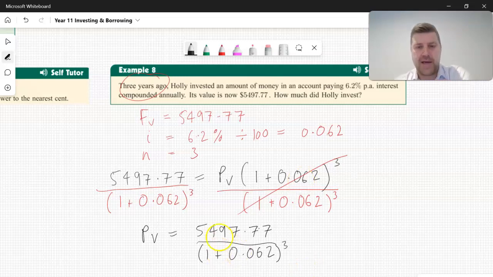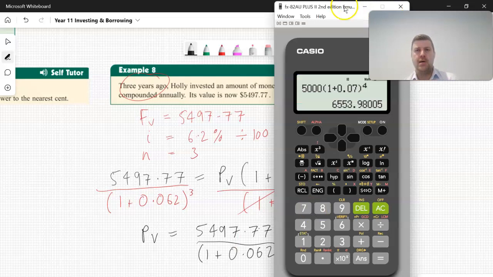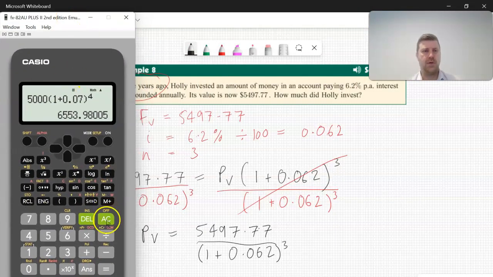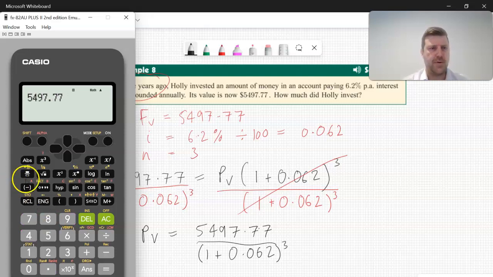Anyway, I'm just going to put it in the calculator as it is. 5,497.77 divided by 1 plus 0.062, to the power of 3, equals, so to the nearest dollar, it's $4,590.